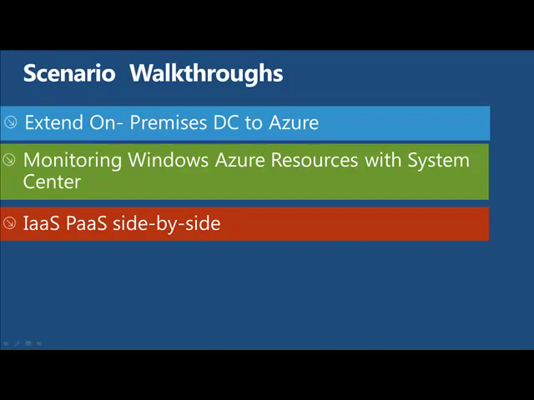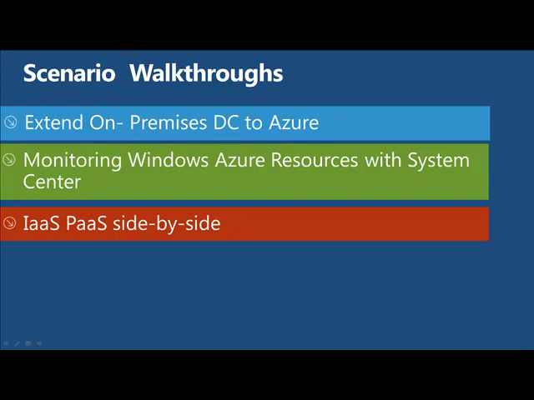In my previous post, I talked about the benefits of combining infrastructure as a service and platform as a service, and I talked about some scenarios. In this post, I'm going to show you some examples of those ideas that I had listed in my previous blog.